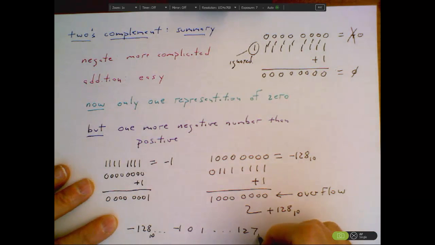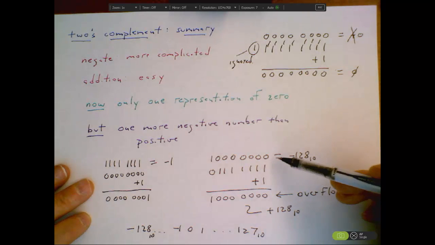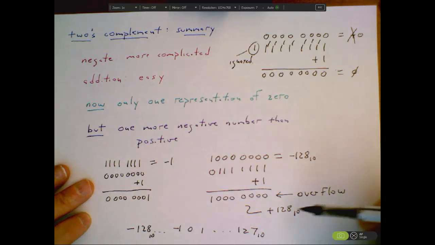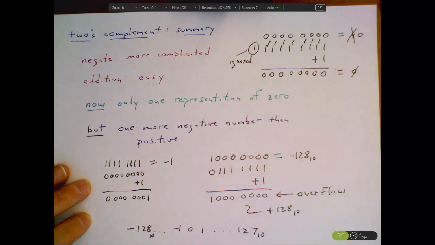So there's one more negative number than positive numbers. And again, that can cause you trouble. If you forget about that, you negate that biggest value and you expect to get a positive number back, but instead you get overflow and you get the negative number right back as itself, and that can cause bugs in programs. You sort of have to keep that in mind.